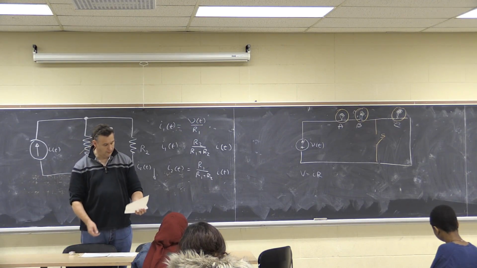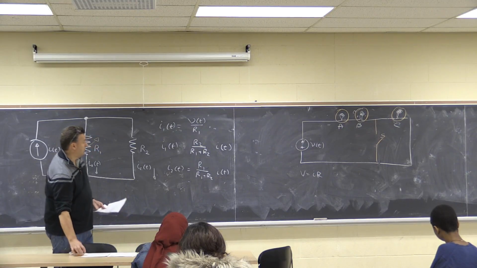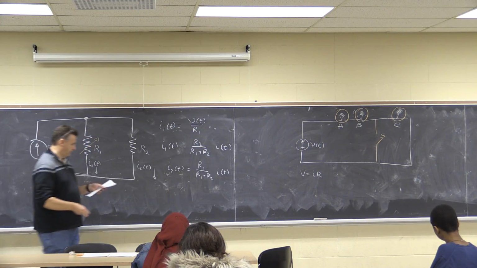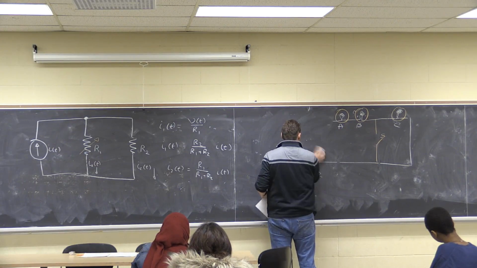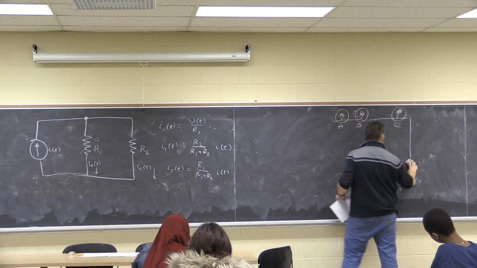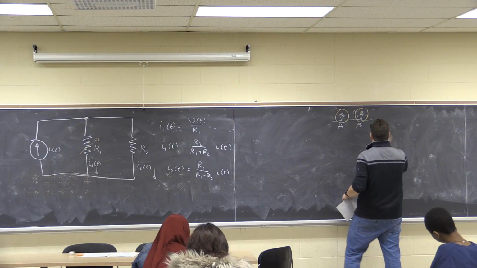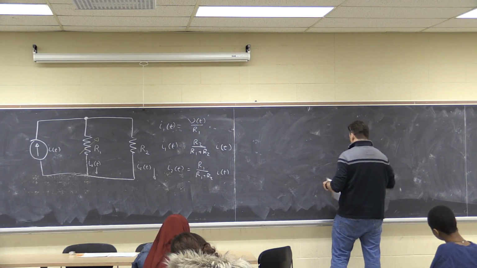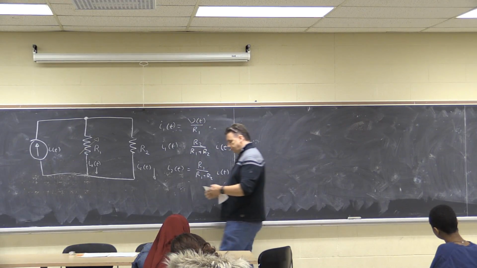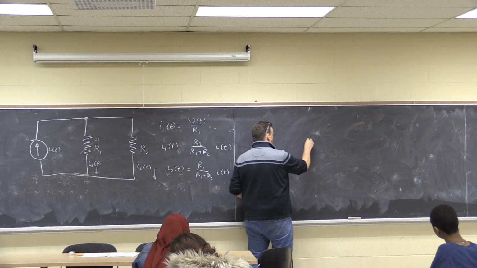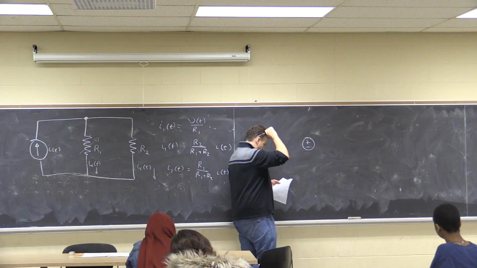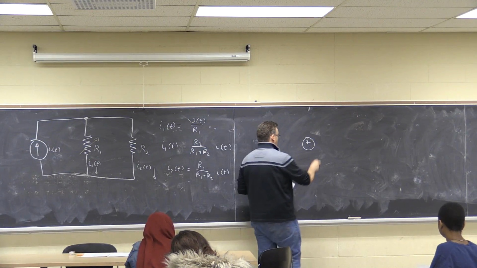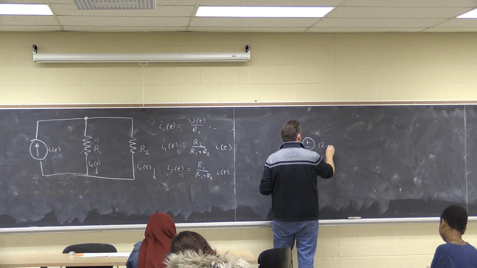Where were we? Okay, so that's a conceptual question. Let's do a more traditional circuit type problem. So I'm going to have a voltage source, plus minus, and that's going to be 12 volts.